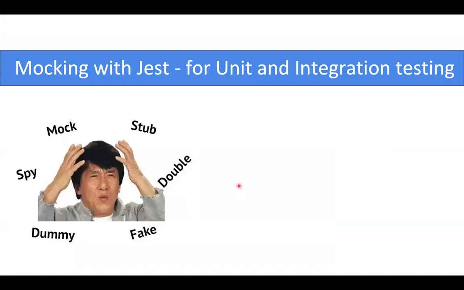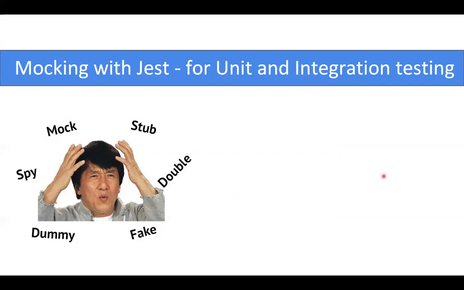Okay, now let's move to the mocking part, which is extremely important in testing. Whenever you do testing, you will have to handle mocking. This is an essential part of testing. And there are all these words: mocking, stubbing, double, fake, dummy, spy, which refer to similar things, but they're not identical.